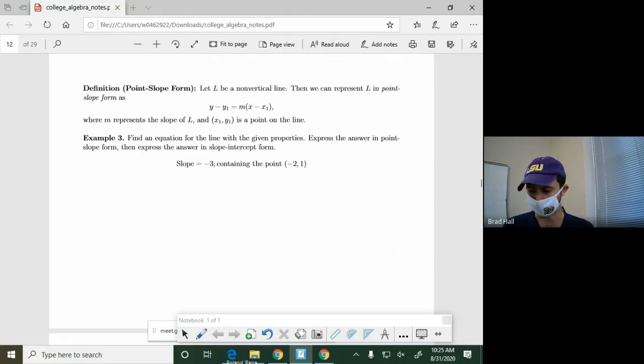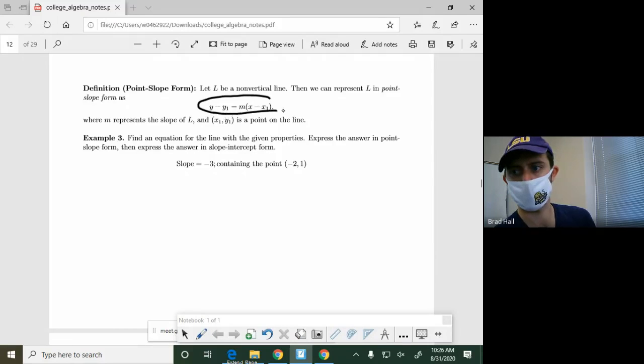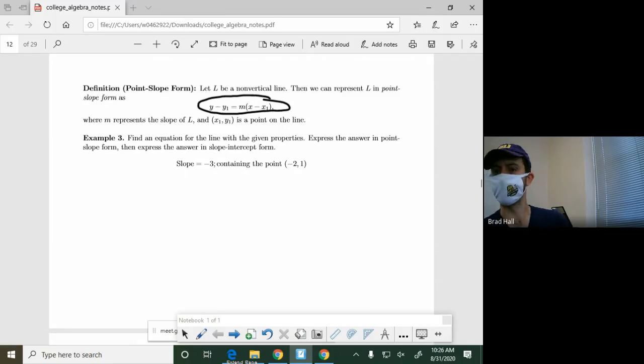So here's another equation, and you use this equation when you have a point and a slope, hence why it's called point slope. So that's when you use this formula, if you are given a point and you have a slope.